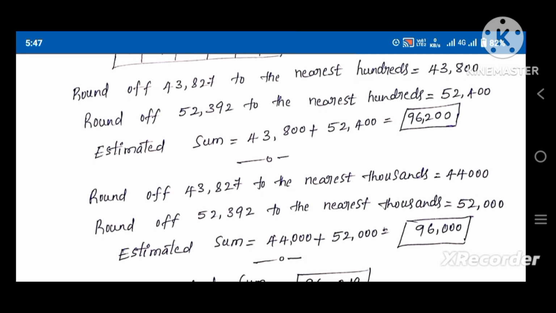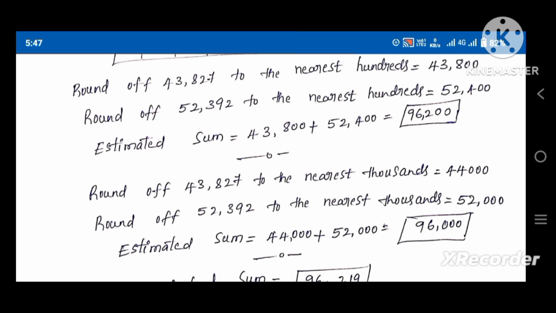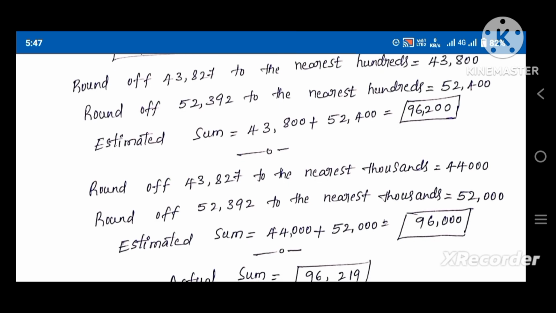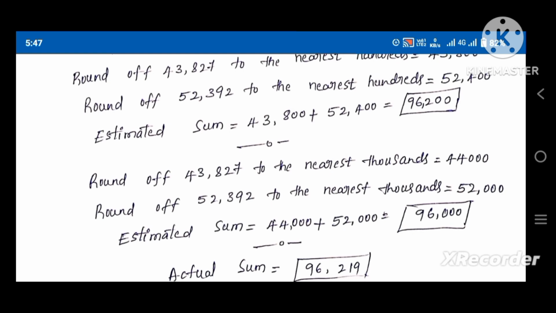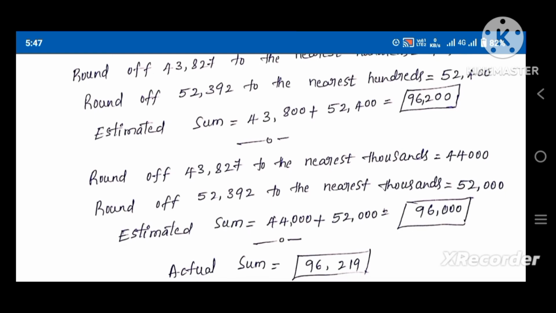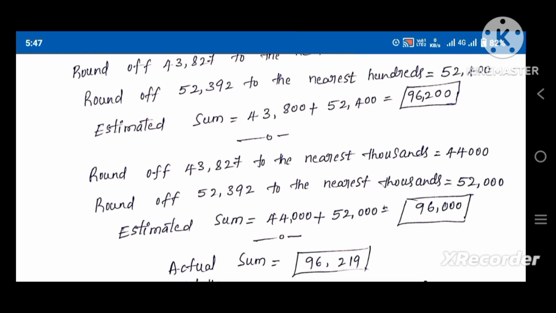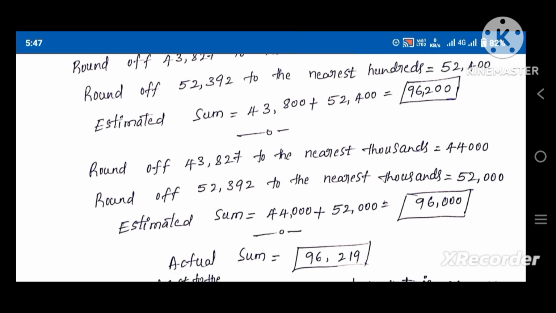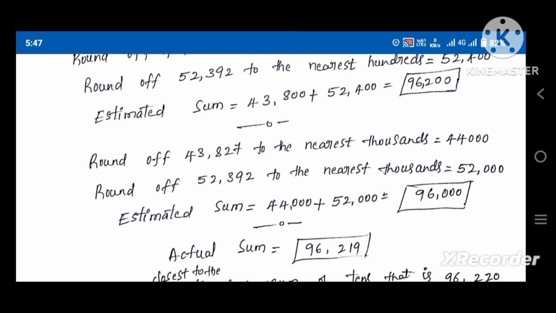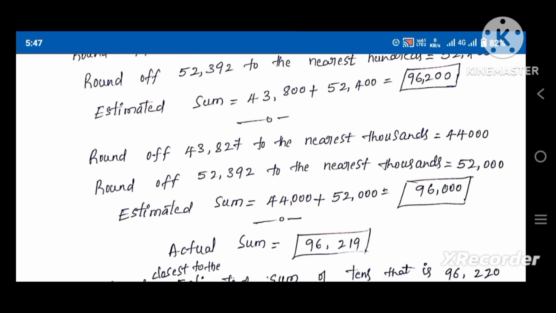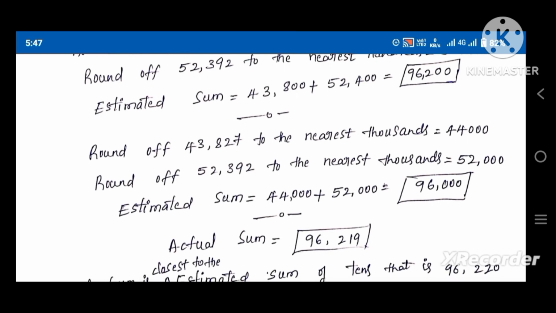Round off 43,827 to the nearest thousands is equal to 44,000. Round off 52,392 to the nearest thousands is equal to 52,000. Estimated sum is equal to 44,000 plus 52,000 is equal to 96,000. Actual sum is equal to 96,219.